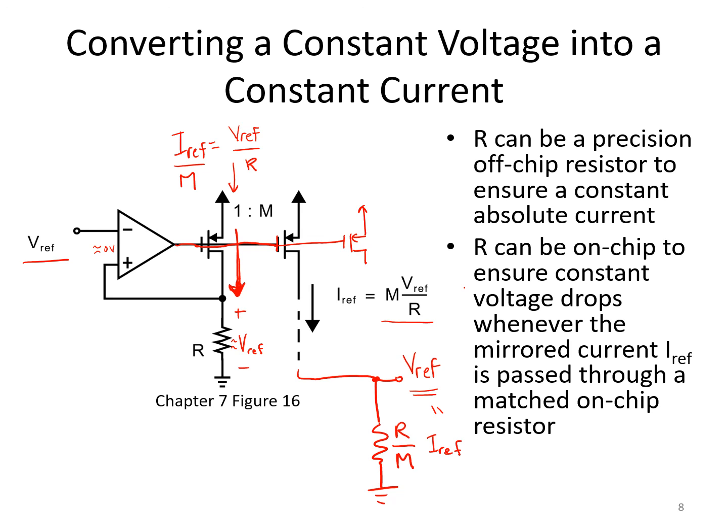We can generate the voltage, but there's nothing with units of ohms that doesn't vary significantly across temperature that we can fabricate on an IC to convert that into a current.